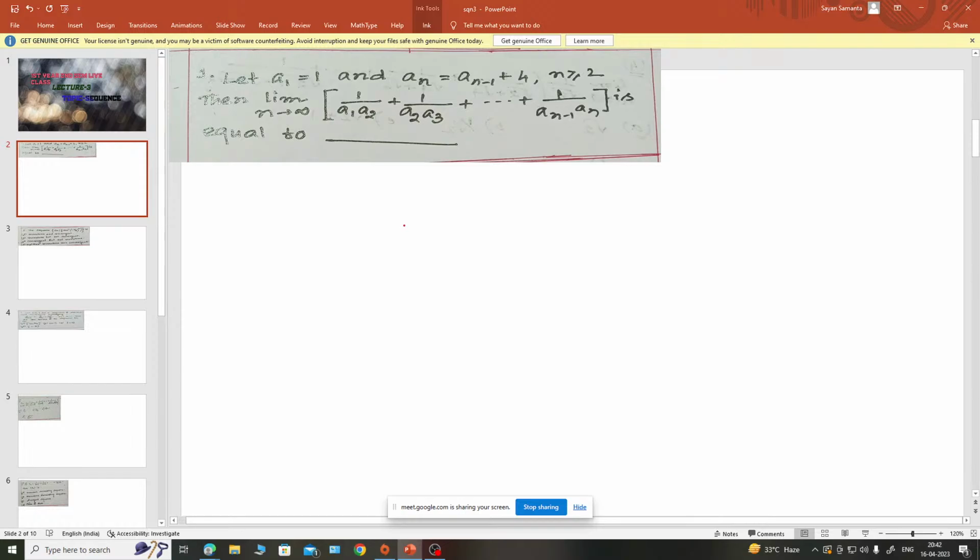Then the limit as n tends to infinity of 1 by a1 a2 plus 1 by a2 a3 plus so on, up to 1 by a(n minus 1) an, is equal to what value? Everyone try and please comment what is the answer.